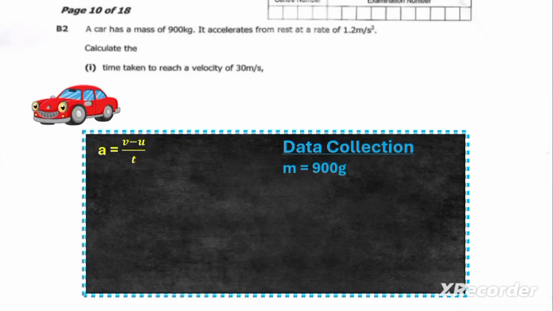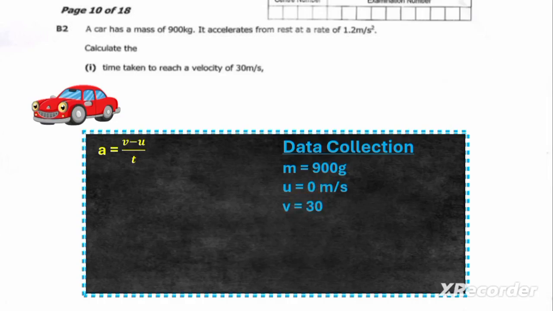So the mass has been given, which is 900 kg. Sorry, I made a mistake here, not grams but kg. Initial velocity is 0. Remember, we are told that this car is starting from rest. So therefore, the initial velocity is 0. What else have we been given?